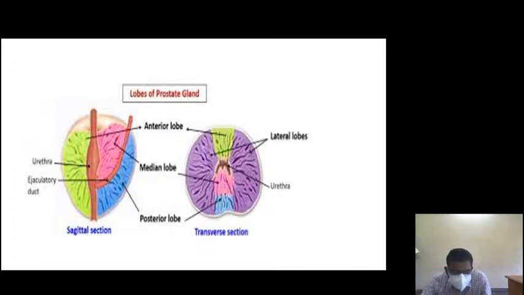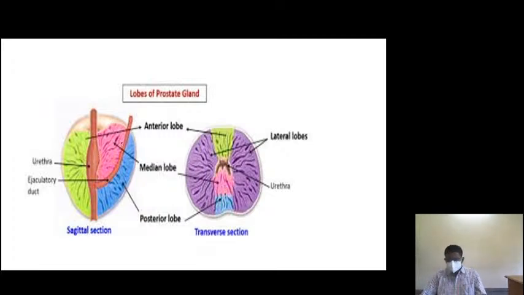This ejaculatory duct, as it is traveling to end up in this prostatic part of the urethra, clearly has divided the posterior lobe into 2 regions, right? So this one is sky blue colored, this is called the posterior lobe on either side, but the region which is above this ejaculatory duct, this pink region, is called the median lobe.